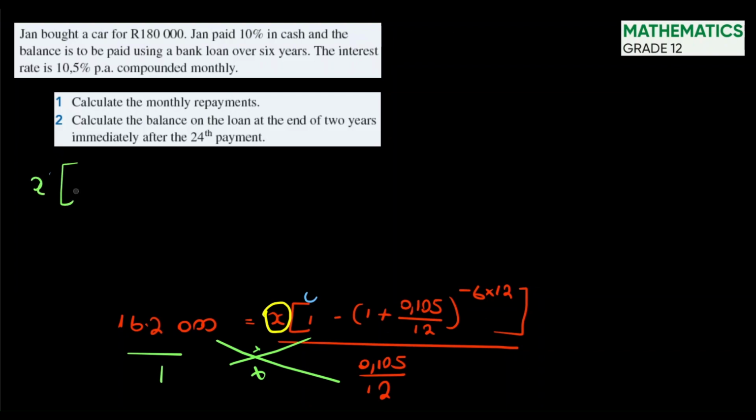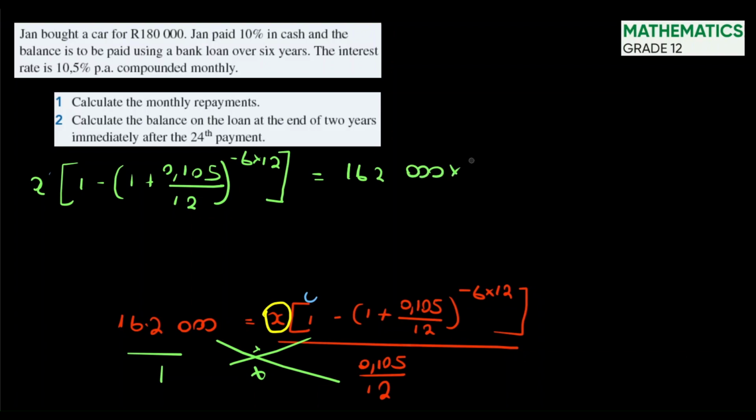x[1 minus (1 plus 0.105 divided by 12) to the power of minus 6 times 12] equals 162,000 times 0.105 divided by 12.